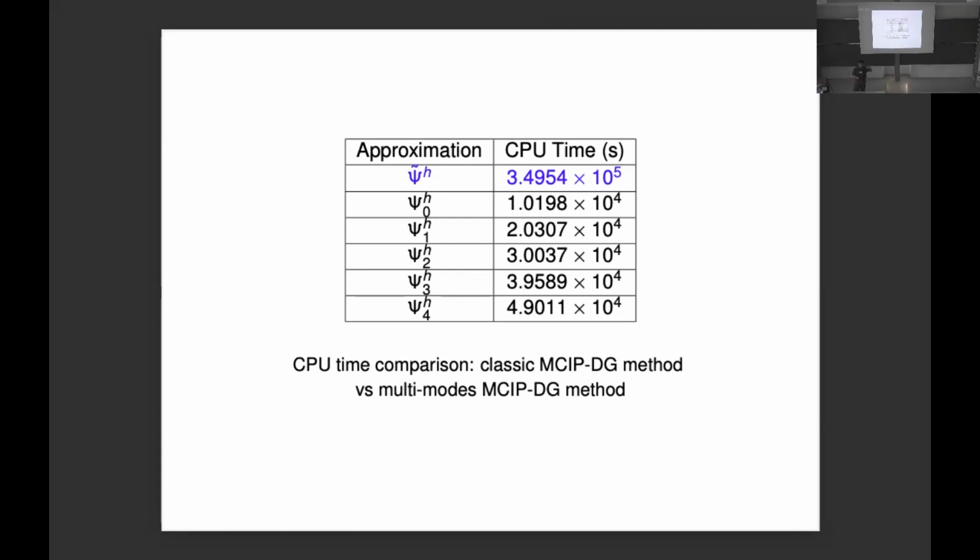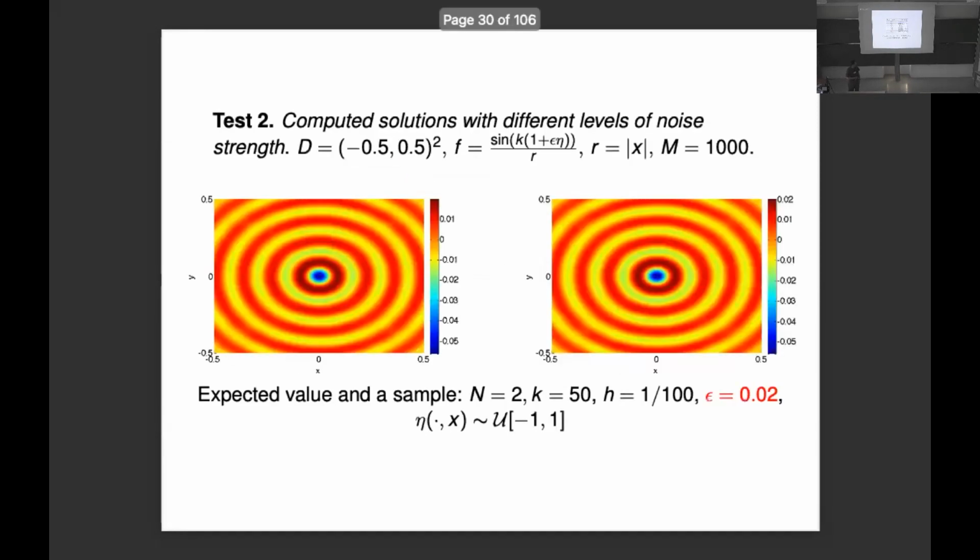If you do a larger problem, you see even more computation. This shows that you can choose more modes. How about the cost? You use one mode and two modes, and then you see how much computation time you add to it. And this example shows you make the noise stronger.